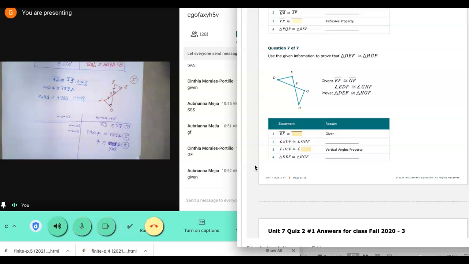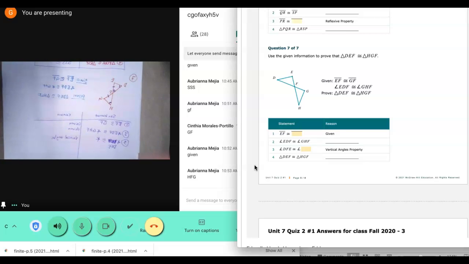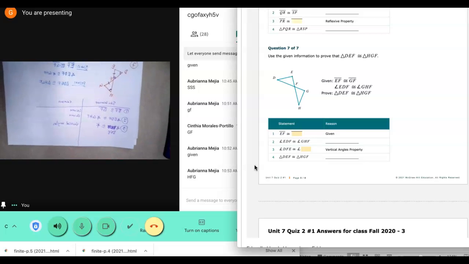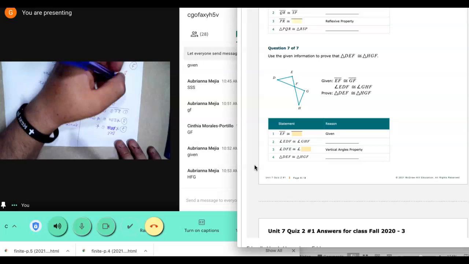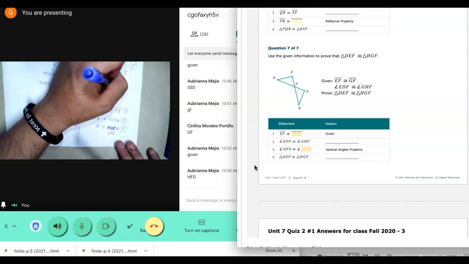Oh, and it actually tells you it's vertical angles here. So who could name the angle that is vertical to DFE? Vertical angles are always equal. Okay, Aubriana, you chimed in. HFG, excellent, that is correct, right? These two angles here are vertical, so those are the ones that we should be marking.